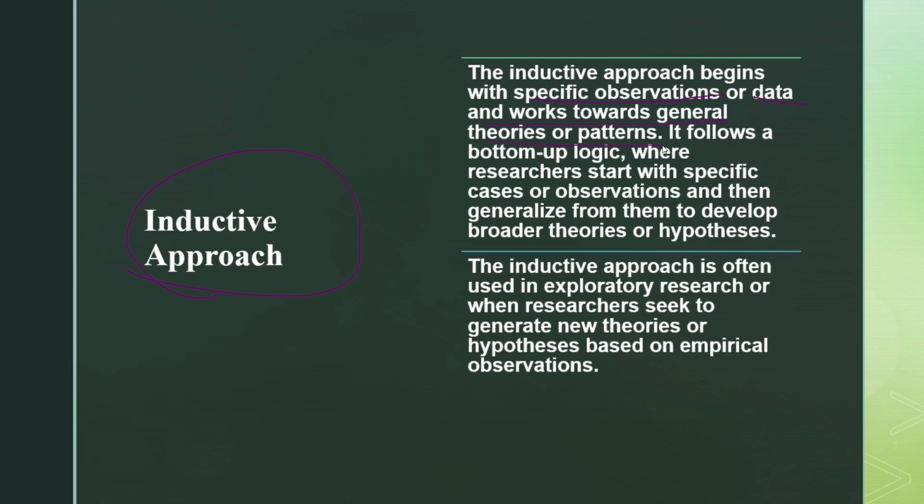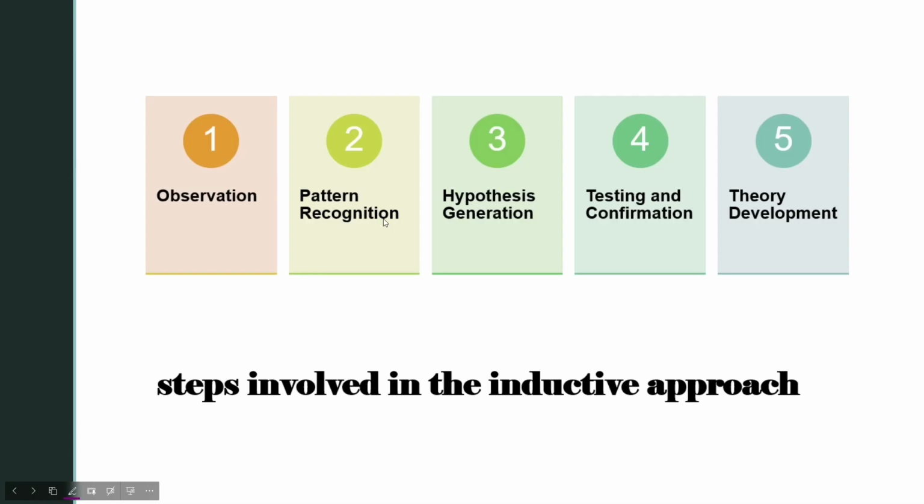It follows a bottom-up logic where the researcher starts with a specific case or observation and then they generalize from them to develop a broader theory or a hypothesis. It includes key steps like, first, observation. The researcher will gather a specific observation, data or example which is related to a particular phenomenon. Then pattern recognition.